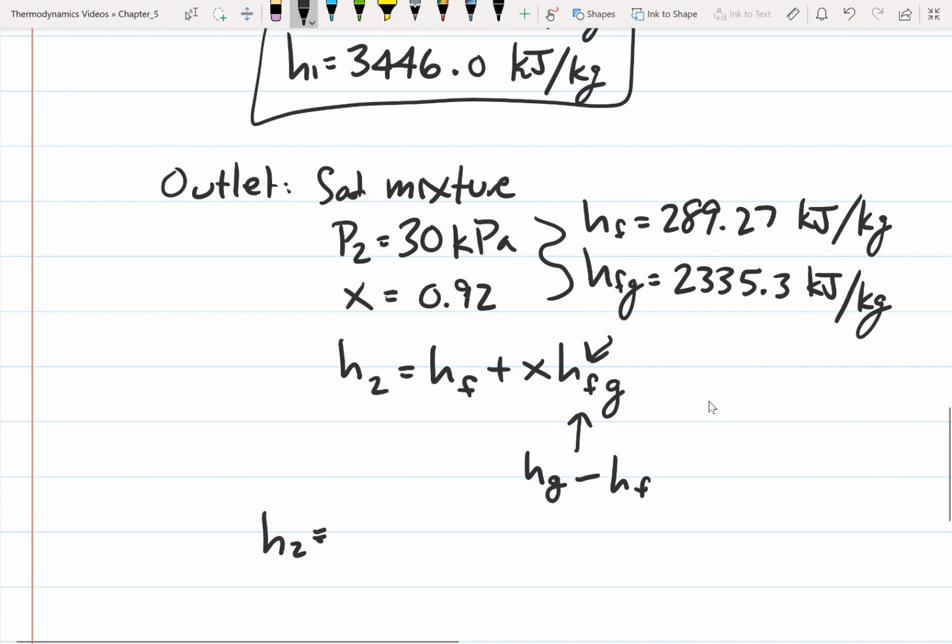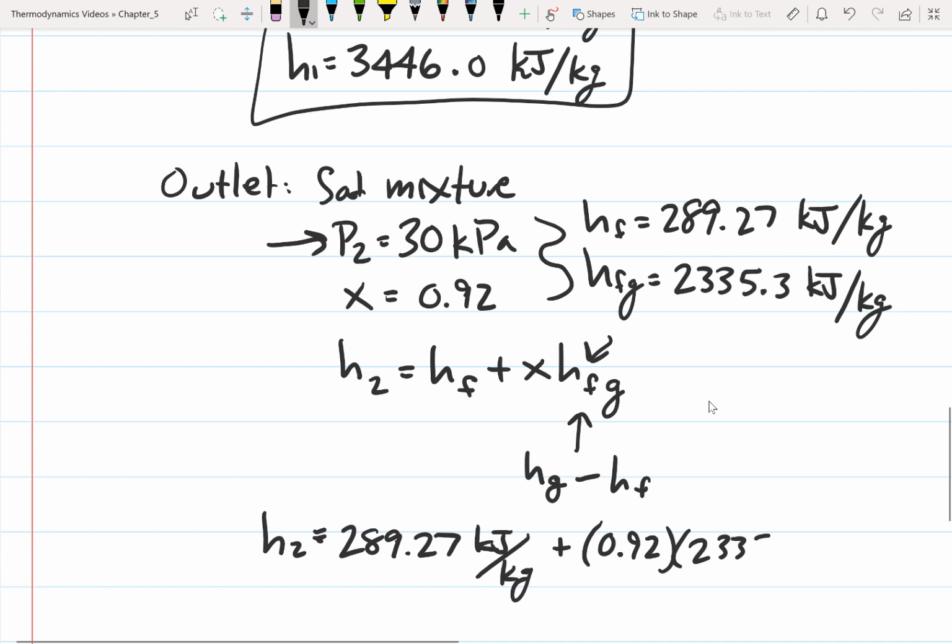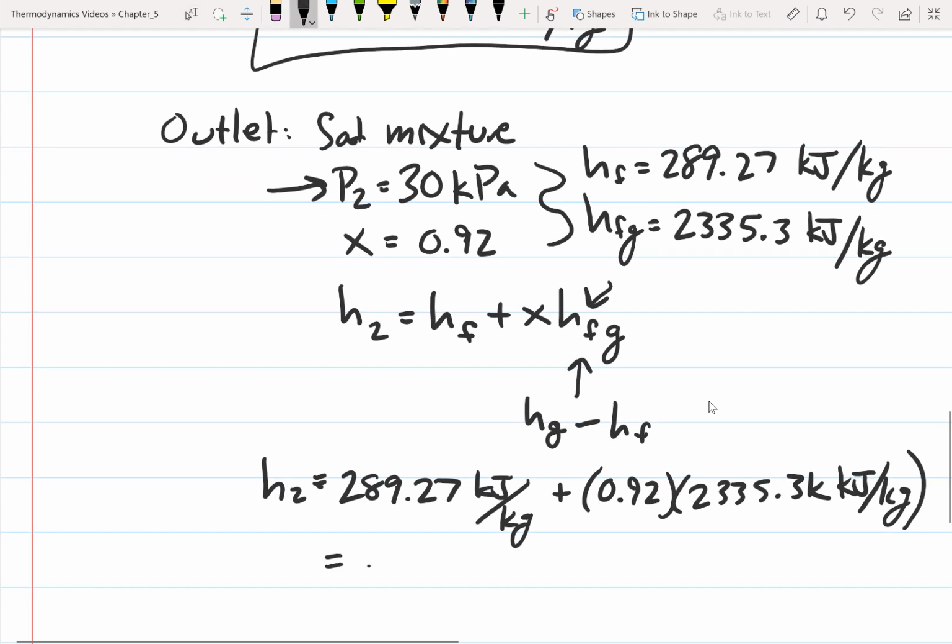And remember, I'm just looking these up on the saturated table for water, and I'm looking at the pressure table because I know the pressure. So the enthalpy at the outlet is equal to 289.27 kilojoules per kilogram plus the quality, which is 0.92, multiplied by 2335.3 kilojoules per kilogram, and this is equal to 2437.75 kilojoules per kilogram.